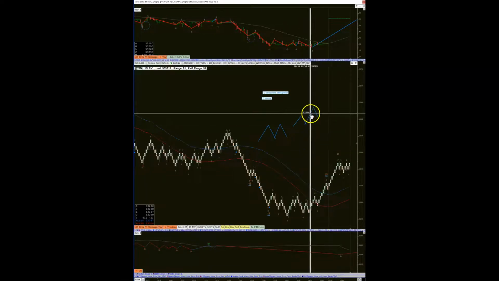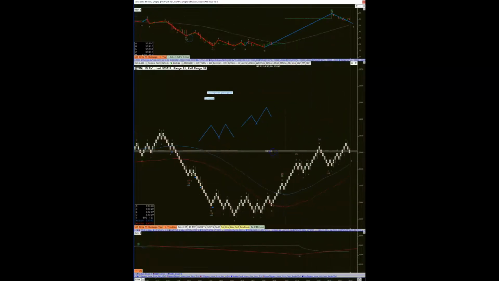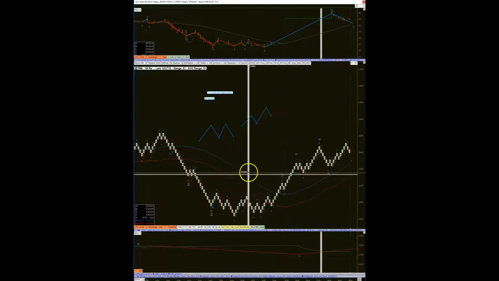So there's trapped supply there. And then when it gets tested, it's going to bounce. If not by new buyers, it's going to bounce because of the short covering, and that's enough for you to get a move on a lower time frame.